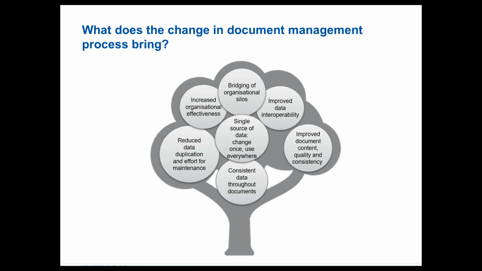Do you get improved document content quality and consistency? Well, in our experience, the answer is a very big yes, because the capability to look across the information of so many documents and to reuse master versions of descriptions, for example, coming from your CCDS across all relevant product information documents, has huge impact on the quality of your documents.